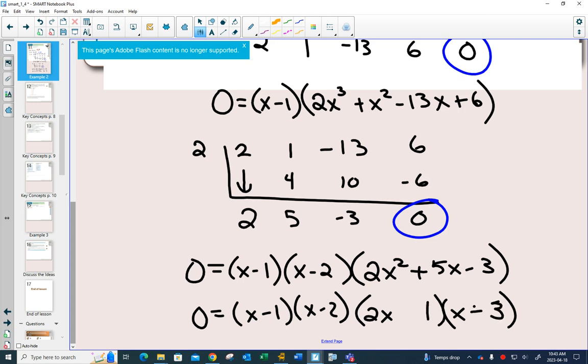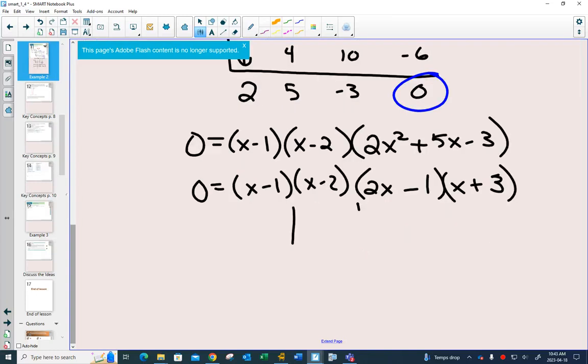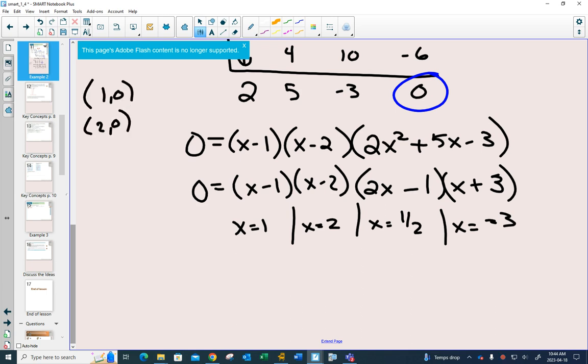It's going to be outside plus 6 minus 1 gives me plus 5. And now we have all 4 x-intercepts. X equals 1, x equals 2, x equals 1/2, and x equals negative 3. 1 comma 0, 2 comma 0, 1/2 comma 0, and negative 3 comma 0.